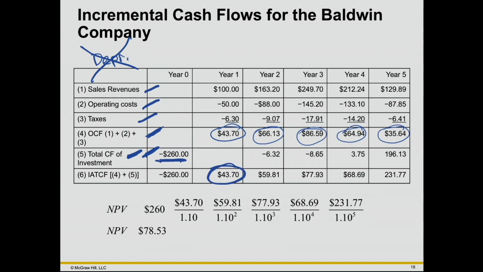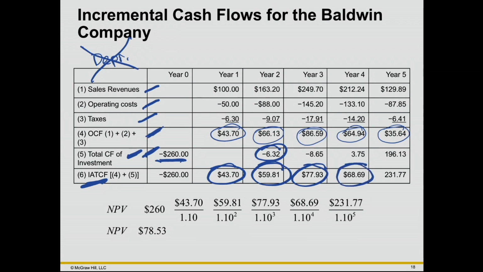Year 2 is 6613 minus the additional expense related to increasing our net working capital of 6.3 thousand. So that leaves us with an incremental after-tax cash flow. By the way, that's what that IATCF is there for. Incremental after-tax cash flow of $59,810.